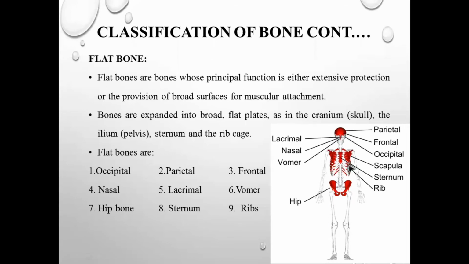While discussing flat bone, I want to tell you one piece of information: everyone will notice that the head of a newborn infant is larger than the body size. Even the fetus inside the mother's uterus has a large head size, skull size, compared to the body. Why?